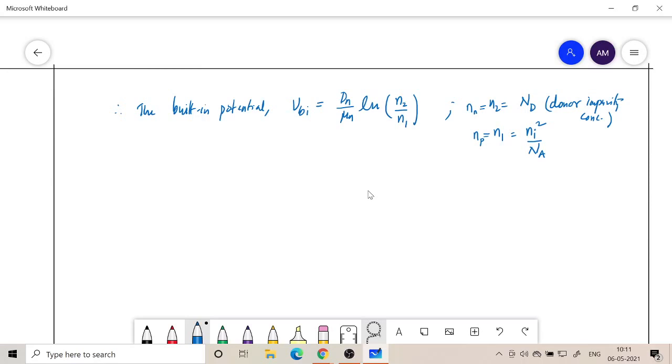So if you substitute, therefore VBI is Dn by μn. Now Dn by μn is basically kBT by q. Okay, so this is called the Einstein relation.